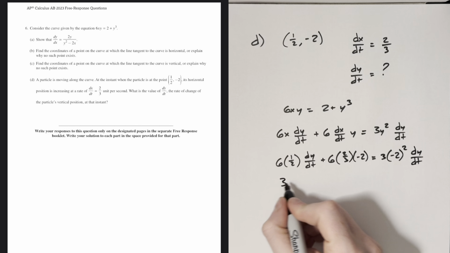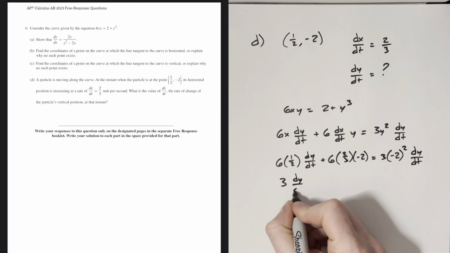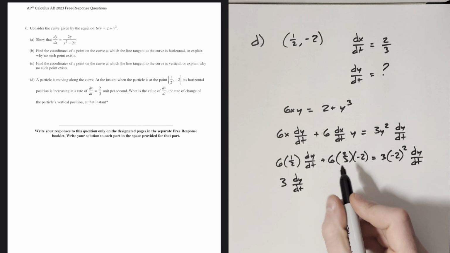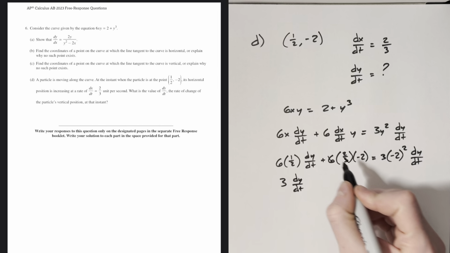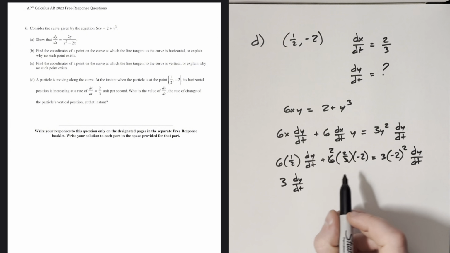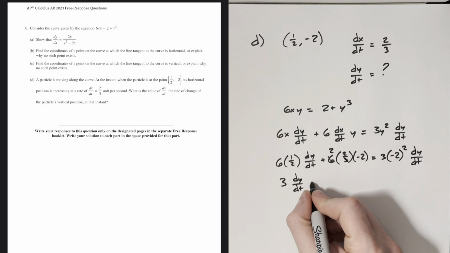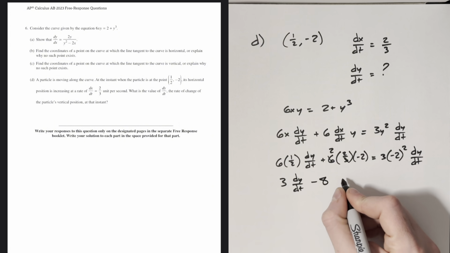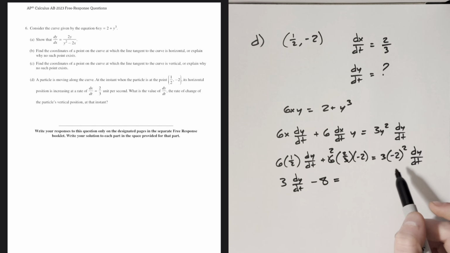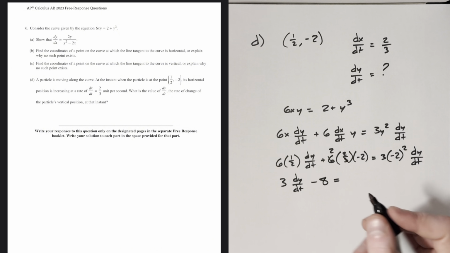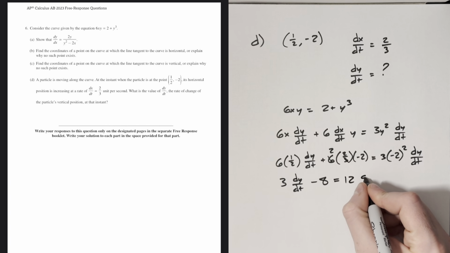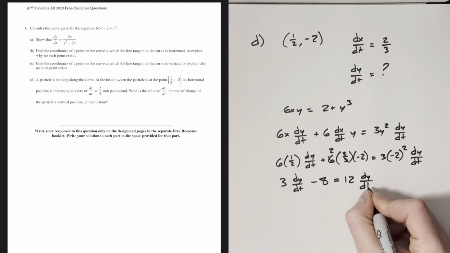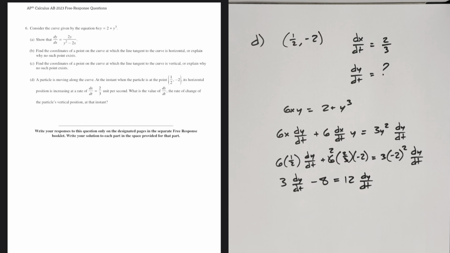So over here I get 3 dy dt plus, let's see, if we cancel out 3, I'm left with 2. So 2 times -2 is -8. And that's equal to 3 times -2 squared, which is 12 dy dt. So now we're almost done.